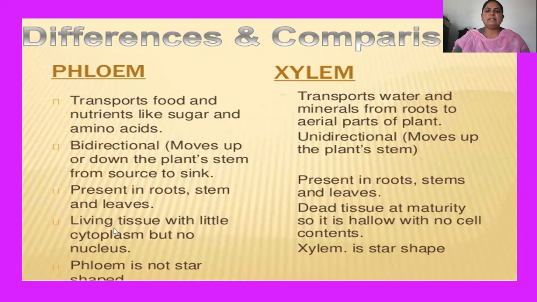Yes, children, next is living tissue. The phloem is living tissue with very little cytoplasm, but no nucleus. Whereas the xylem is dead tissue when it gets mature, so it is hollow within the center with no cell contents.